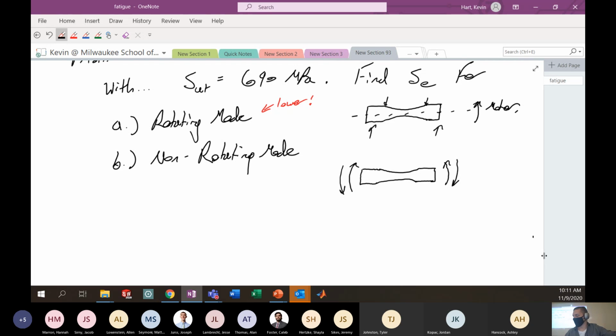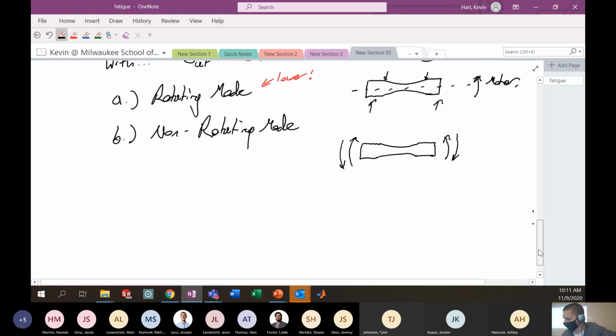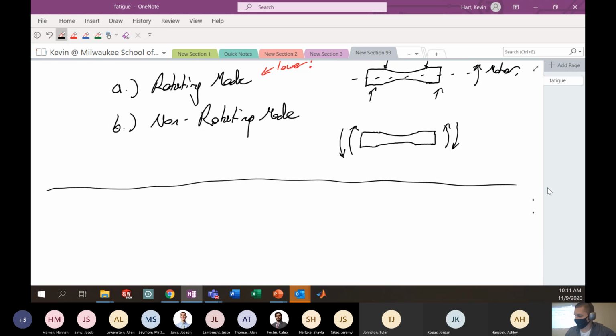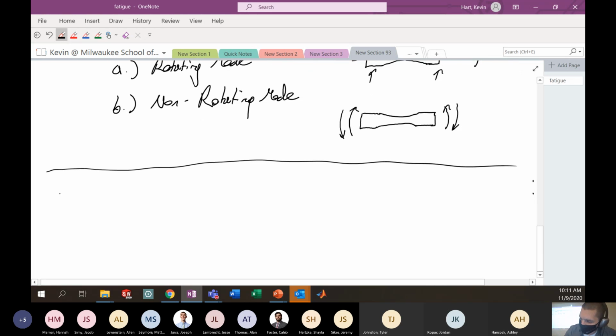Okay. So let's work through this. All right. So here we want to find an endurance limit. And the first step that we have to do when we go through this is to determine what the pristine endurance limit is, and then modify that appropriately. So we'll use that our modified endurance limit is equal to, we're just modifying here for size times the pristine endurance limit.